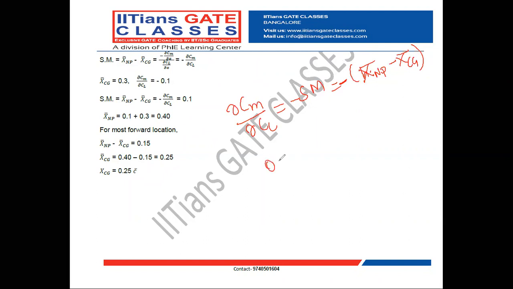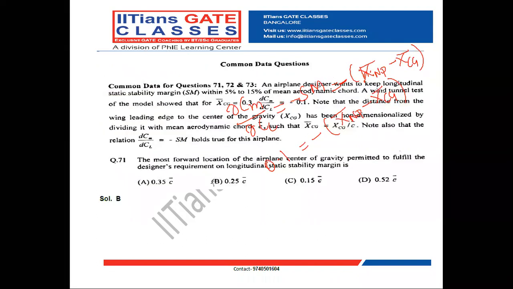So this value is given equal to 0.1, that is equal to minus of x_np bar minus x_cg bar. What we have to calculate is the most forward location of CG permitted to fulfill the designer's requirement for longitudinal static stability of an airplane. CG location is also given as 0.3.